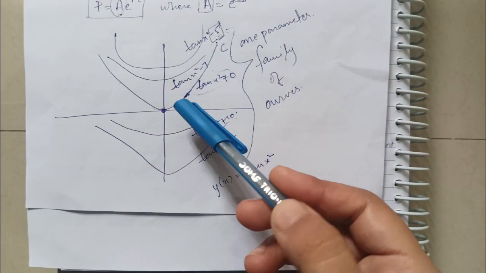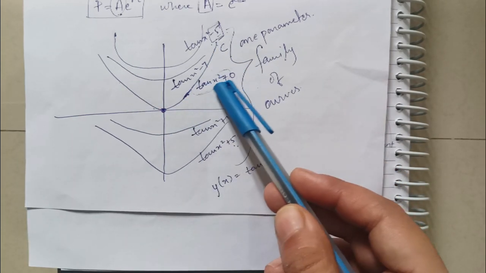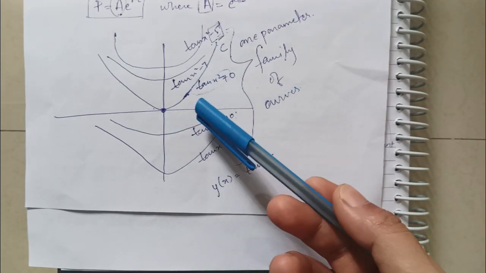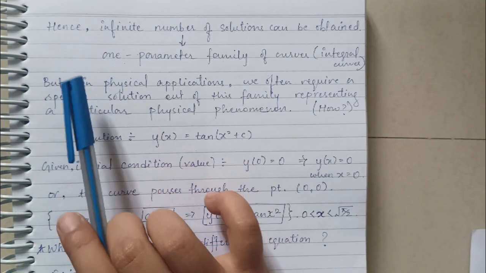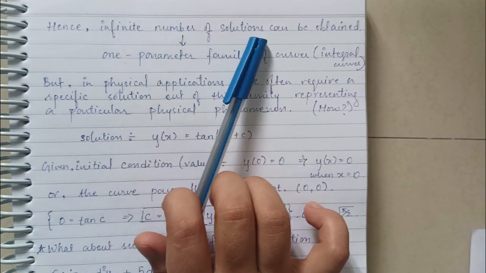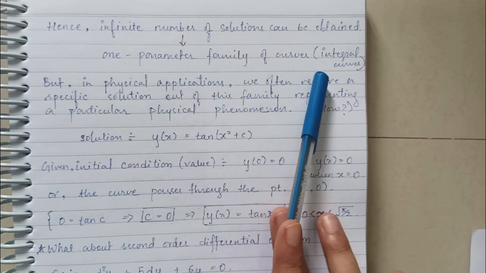You can easily observe which curve is passing through the origin. Only tan(x square) is passing through the origin, so that will be our solution.